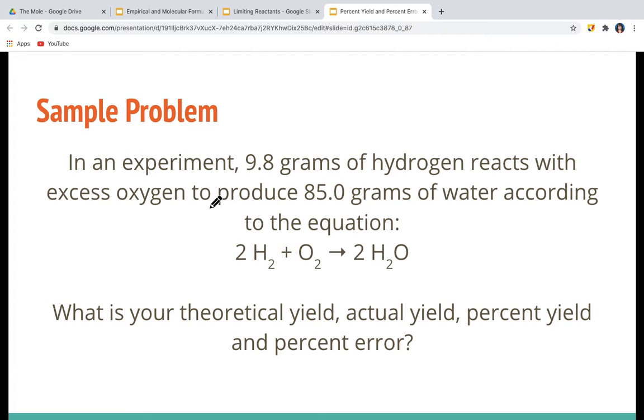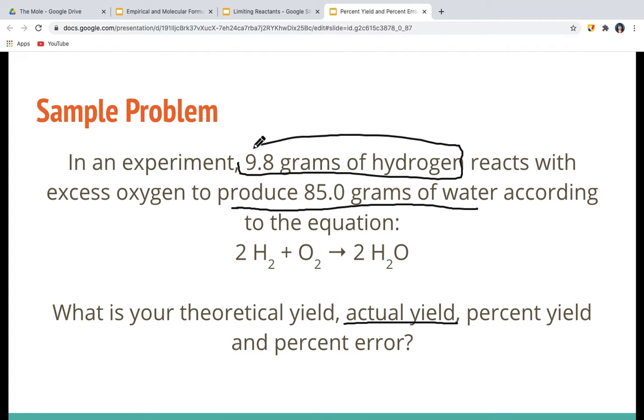Now, since it says to produce 85 grams of water, since it actually produced 85 grams of water, that's going to be our actual yield. Now we have 9.8 grams of hydrogen. We're going to use that to determine our theoretical yield.